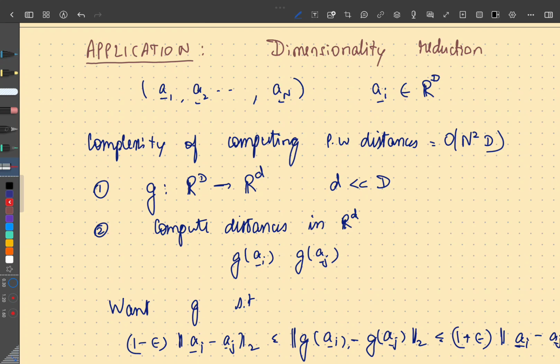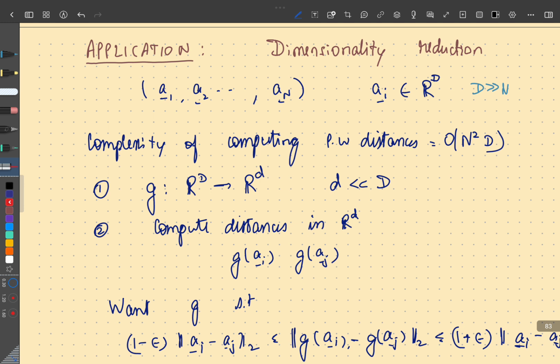We're given n very high dimensional vectors, a1, a2 up to an, where each ai lives in some very high dimensional space R^D, and here the assumption is that D is very, very large compared to n. The goal is to do some kind of processing, data analysis or learning on this set of vectors that involves pairwise distances between these vectors ai and aj.